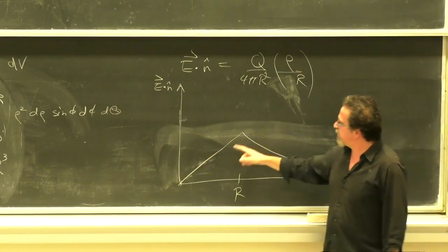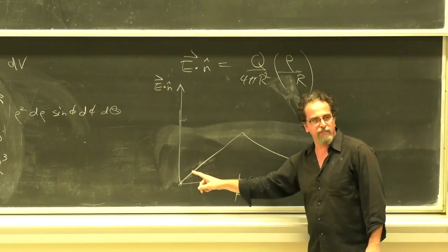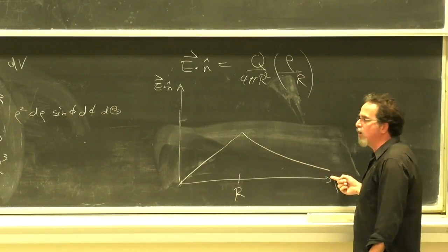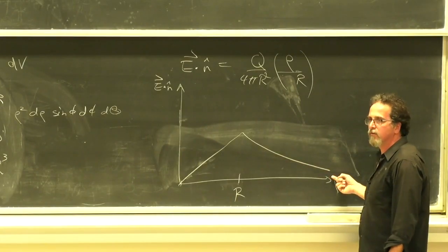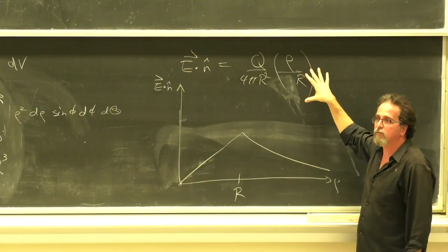So the electrical field is a linear function of distance from the center when you're inside this sphere, and then it decays as 1 over rho squared as you go outside the sphere. And of course, they meet. At rho equals r, those two expressions are equal to one another.